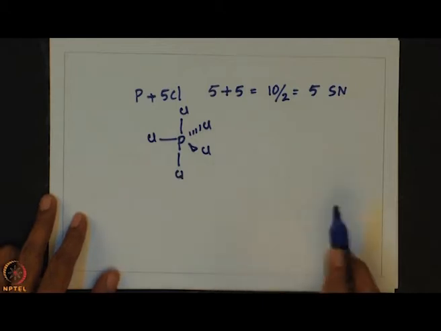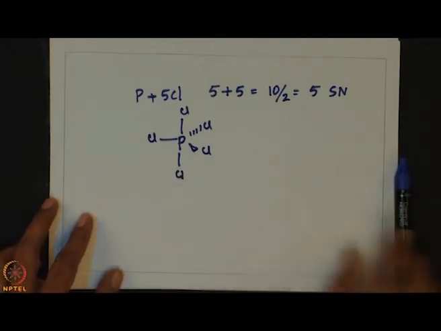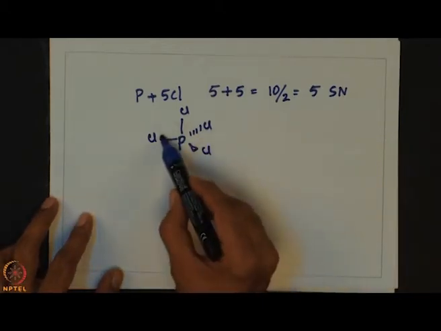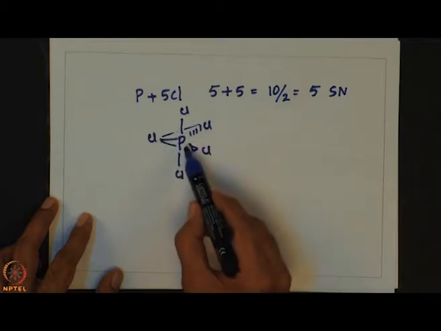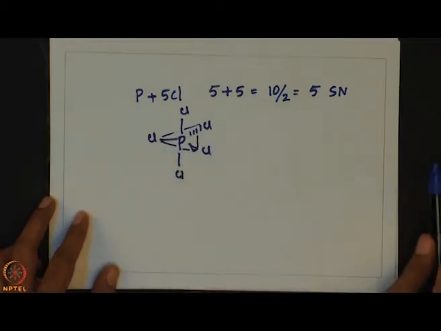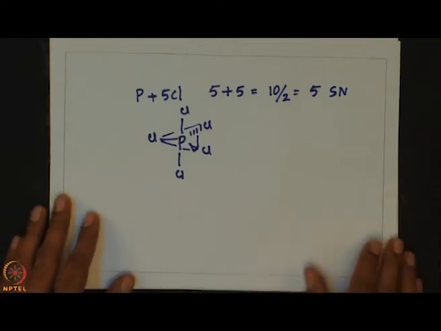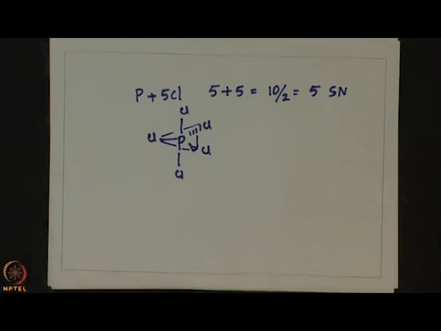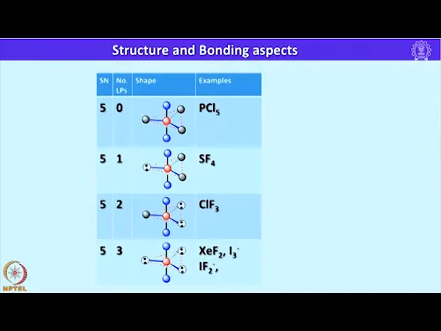So this is how we can write the structure of PCl5 molecule, which has trigonal bipyramidal geometry. Let us look into another case of steric number 5, but having 1 lone pair and 4 bonded pairs. The example that I have given is SF4. Let us look into the SF4 molecule here, how it will have that kind of structure and shape.